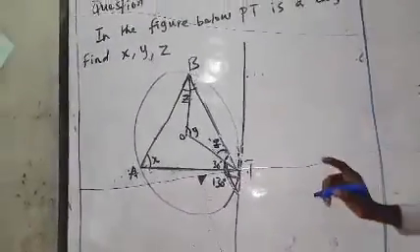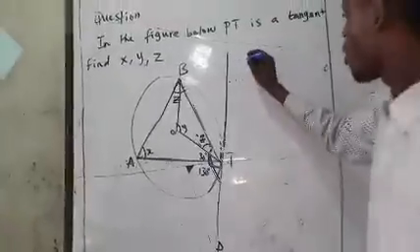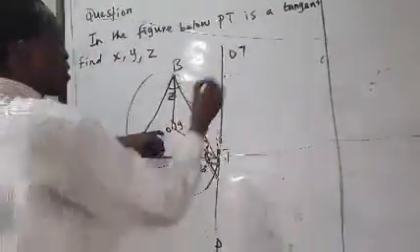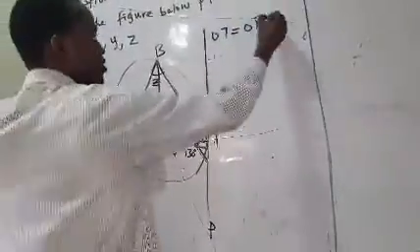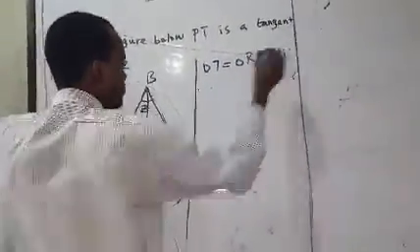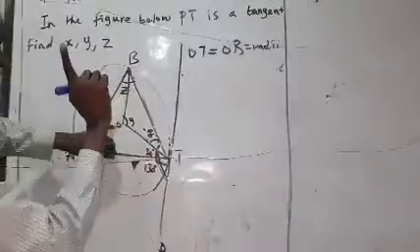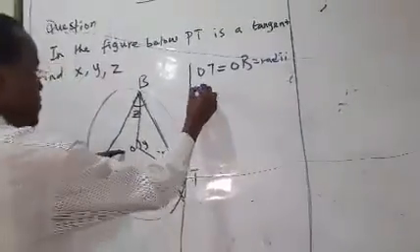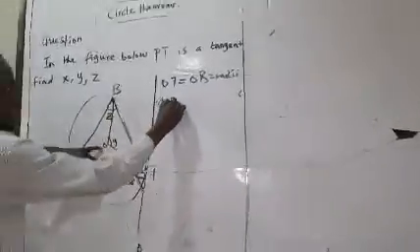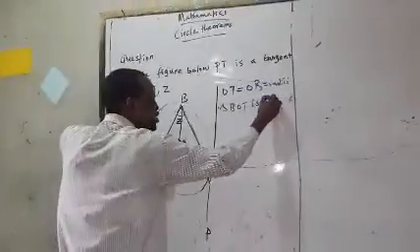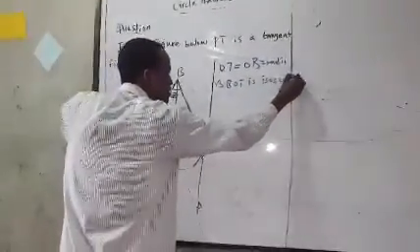Now, also, OT, of course, is equal to OB because OB is also a radius. They are both radii. So if that is the case, then triangle BOT is isosceles.